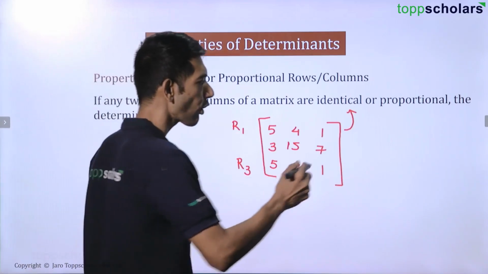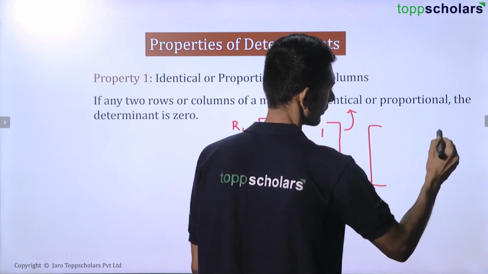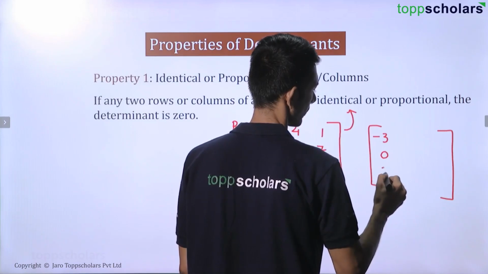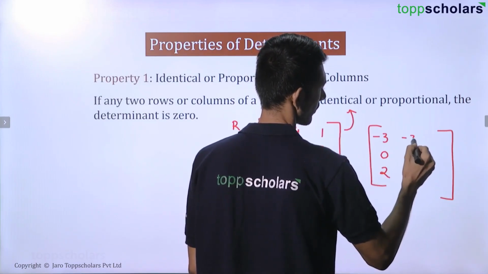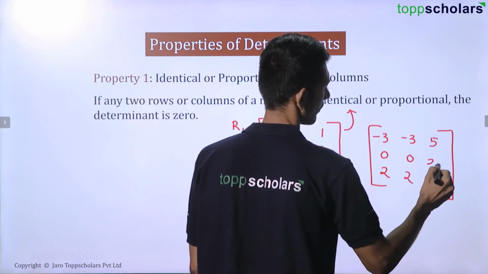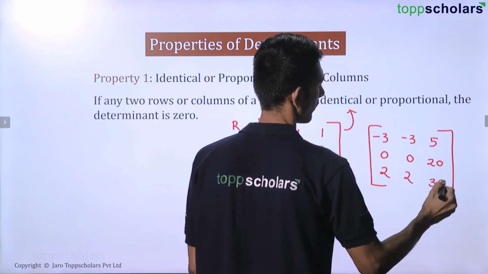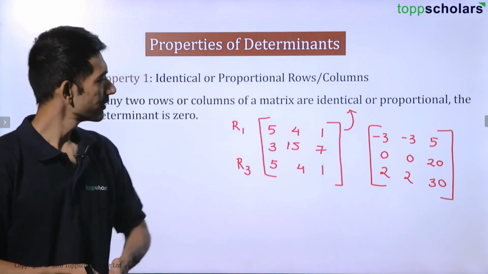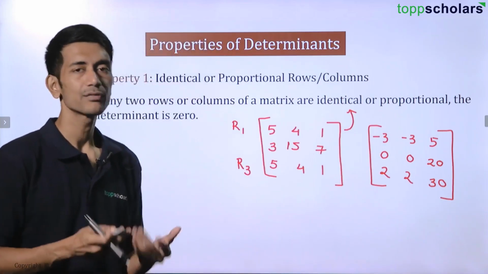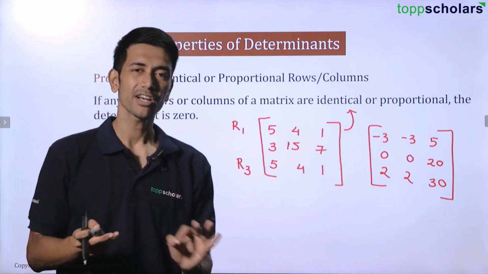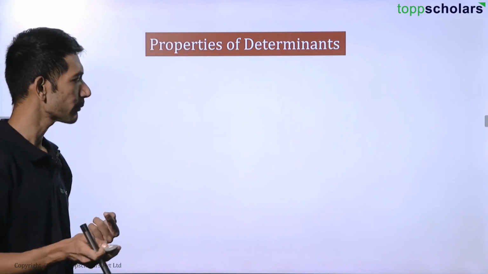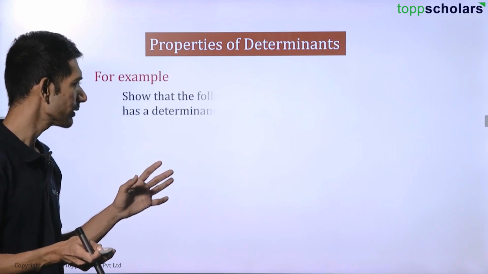Same thing applies for column. Have a look at this. The first 2 columns are the same. Again, we can say that the determinant of this is 0. So the determinant is straight away 0 when the 2 rows are identical or proportional also. We are going to see the example of proportional as well. Let us have a look at an example here.